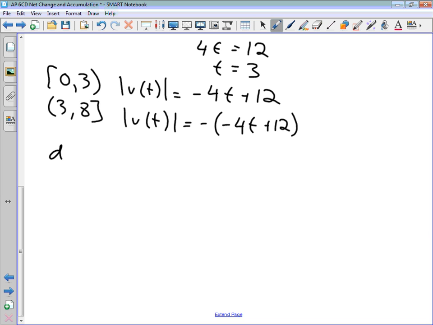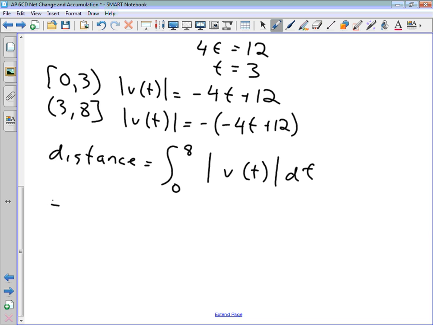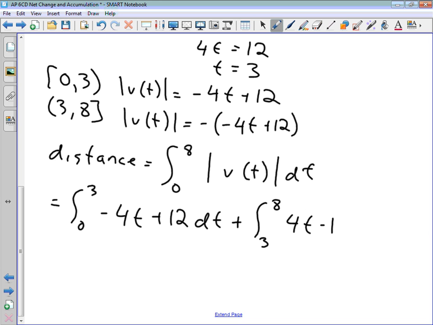So we can set up our integral here. It's going to be the integral from 0 to 8 of the absolute value of our velocity function. Okay? And as we did before, we're breaking this into two intervals. We're going to have the interval from 0 to 3. On that interval, the absolute value of our velocity function is negative 4t plus 12. And then we're going to have the integral from 3 to 8. On that interval, we again want the absolute value of our velocity function, which is going to be 4t minus 12.